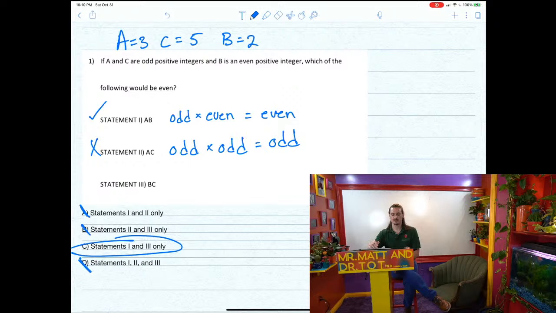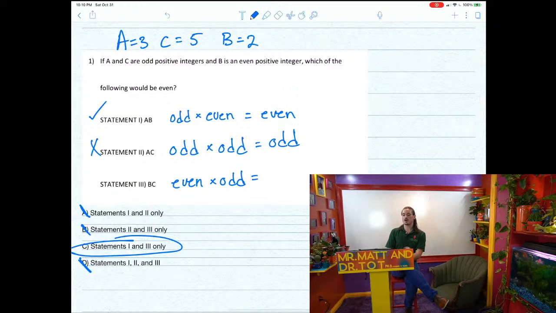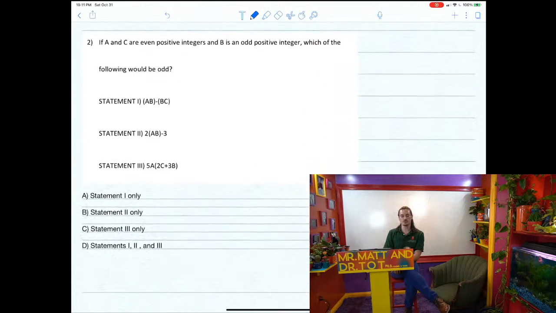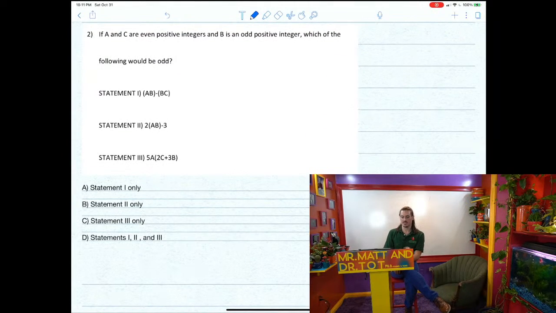If you have any questions, then please let me know. Otherwise, I'm going to give you 3 minutes. Take a look at question number 2, which says if A and C are even positive integers and B is an odd positive integer, which of the following would be odd? Statement 1 says the quantity A times B minus the quantity B times C. Statement 2 says 2 times the quantity A times B, minus 3.